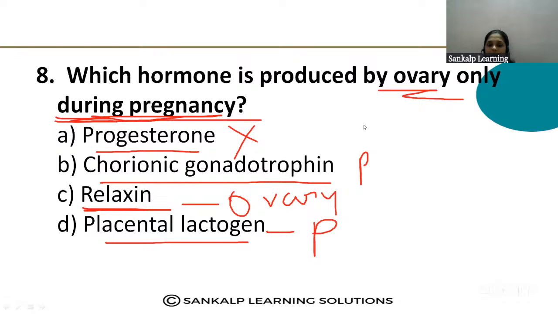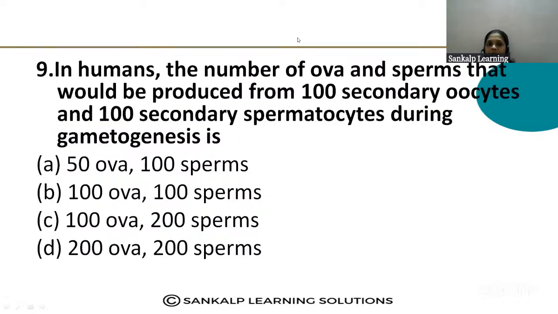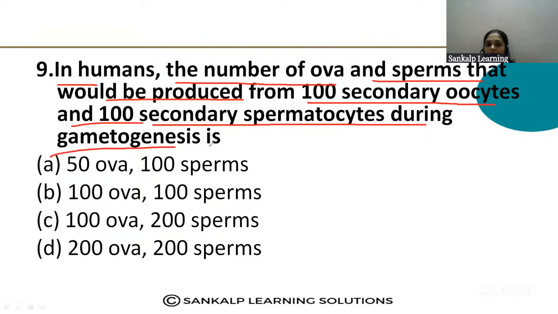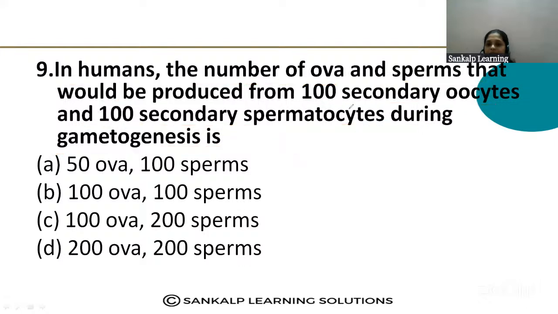Next question. Read the question properly. In humans, the number of ova and sperms that would be produced from 100 secondary oocytes and 100 secondary spermatocytes during gametogenesis is? Here 100 secondary oocytes are there, and 100 secondary spermatocytes.